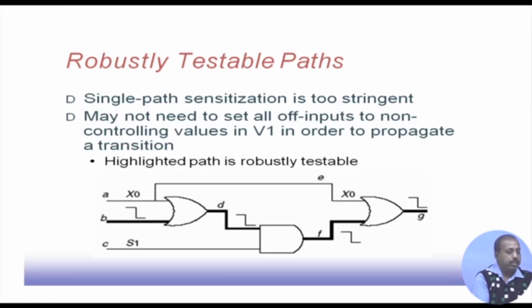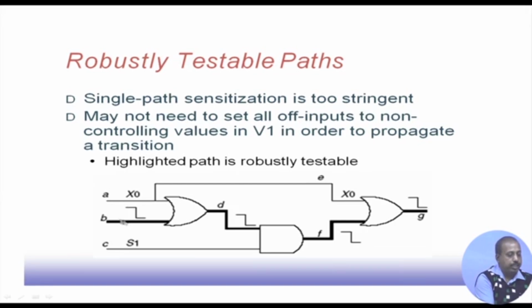Then there is the robustly testable path. Single path sensitization is too stringent, because single path sensitization says that all off inputs are to be set to proper values, but a robustly testable path says that we may not need to set all off inputs to non-controlling values in V1 in order to propagate a transition. So you see that here I am trying to test this particular fault. This is line B for this path. It is going for a high to low transition, but when it is going from high to low, initially I have to set the line to high.